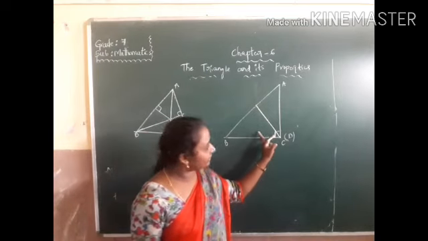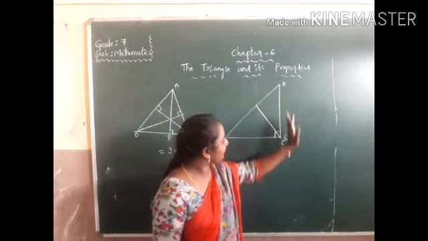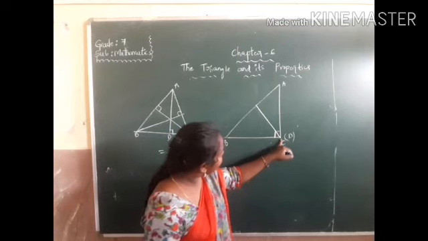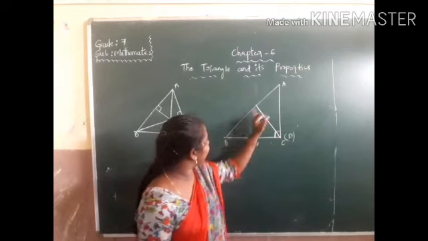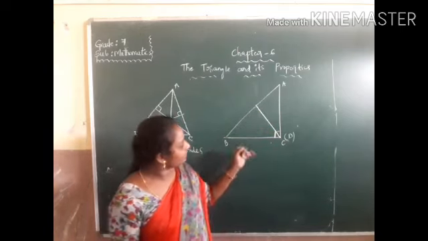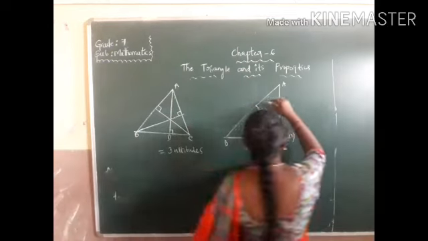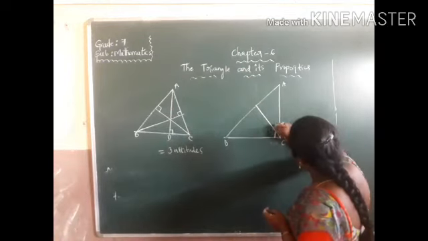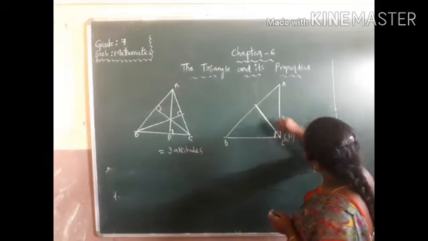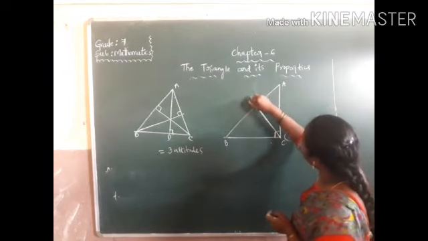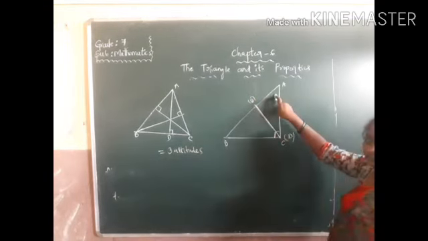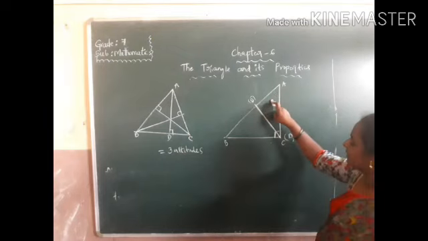In this right angle triangle, see, vertex C has the opposite side AB. So here CD is the altitude to the opposite side AB.